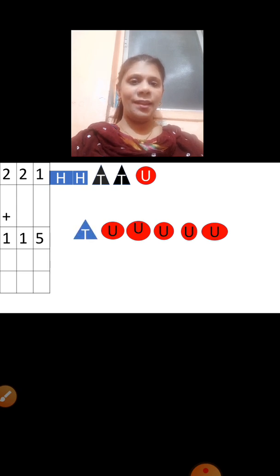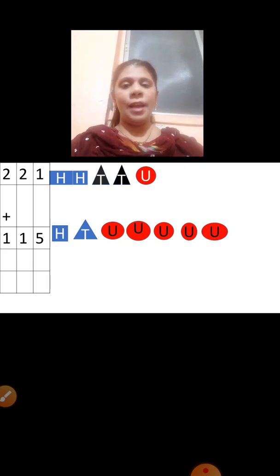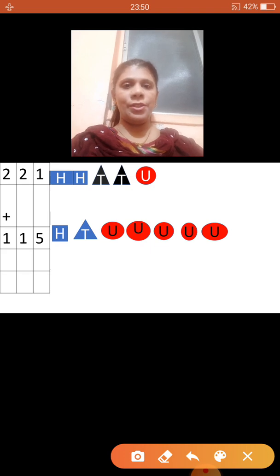How many? 1. Correct. Because only one number is there. How many hundreds? Yes, only 1 because 100. So 1H is there, that is 100. 1T, that is 10, and 5 units. So 110 plus 5 units is 15. So 115.